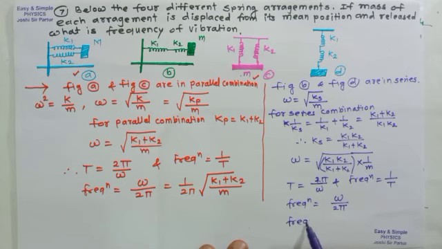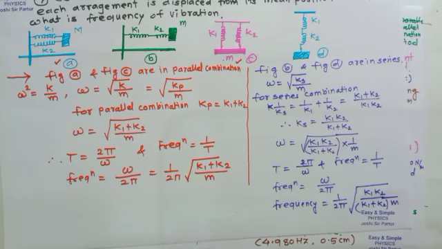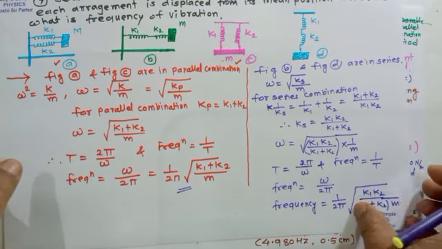So frequency will be 1 upon 2 pi square root of K1 K2 upon K1 plus K2 into small m. This will be the answer for frequency in both combinations B and D. And here frequency in figure A and C. This will be the answer for the given example.